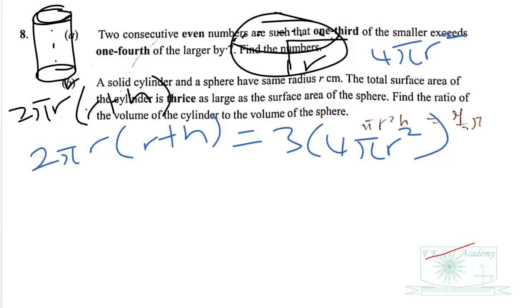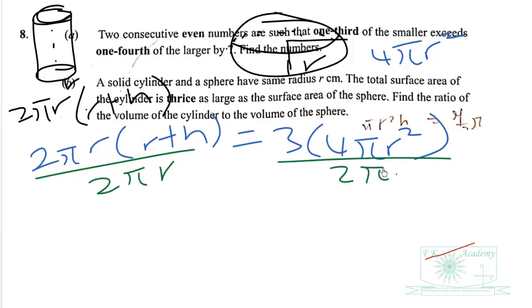We have to calculate the ratio of the volume of the cylinder to the volume of the sphere. So now we can simplify this and get the height in terms of the radius. If I divide through by 2 pi r, what do I get?